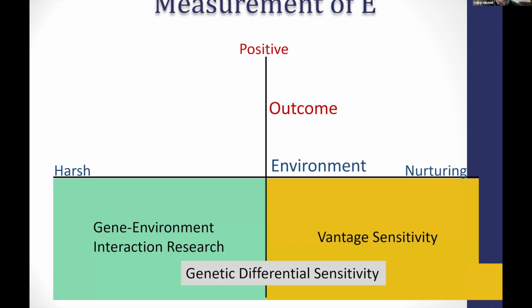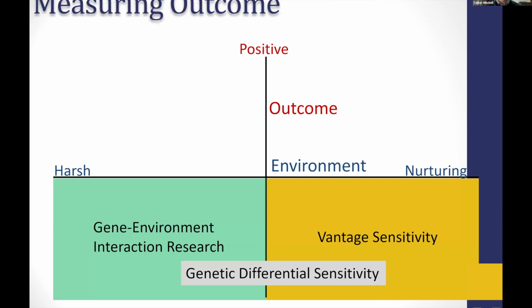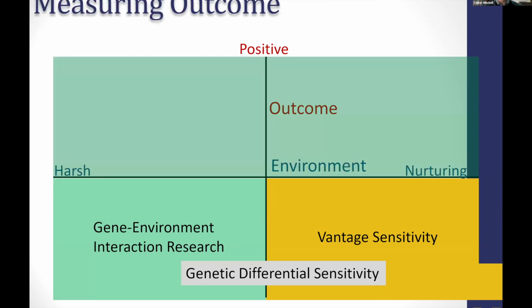Again, I won't get into the specifics of all of the different models, but genetic differential sensitivity or vantage sensitivity require positive environments. And even the outcome, very little is looking at positive outcomes, which we have plenty of in CVFS. So there's a lot of room to study that other places haven't really looked at.